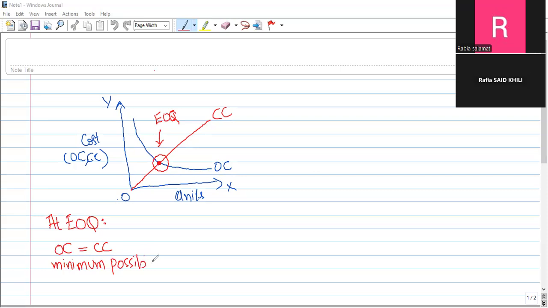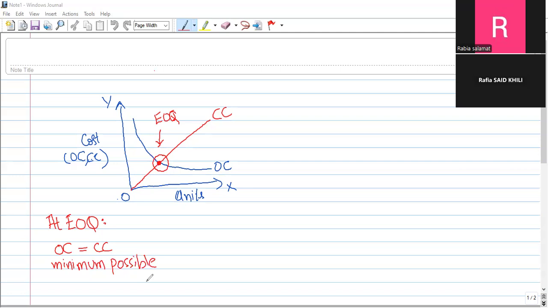If I move above EOQ or below EOQ, they behave just like increase and decrease, as I already discussed. They are never equal. Only at the point of EOQ, which we calculate, our ordering and carrying cost are equal and minimum possible.